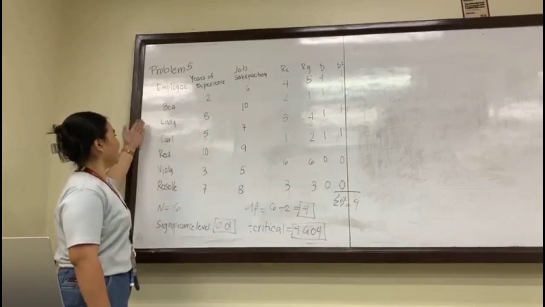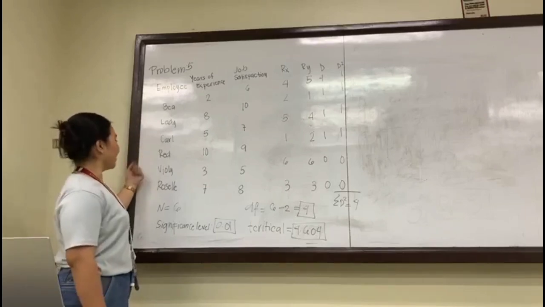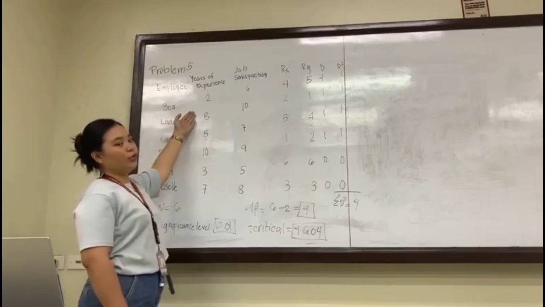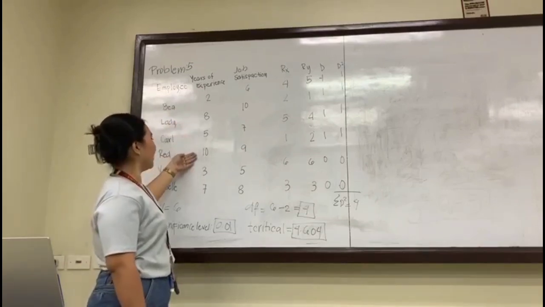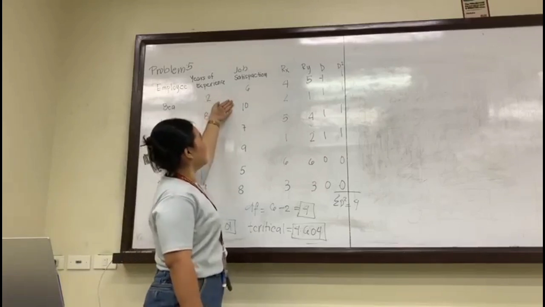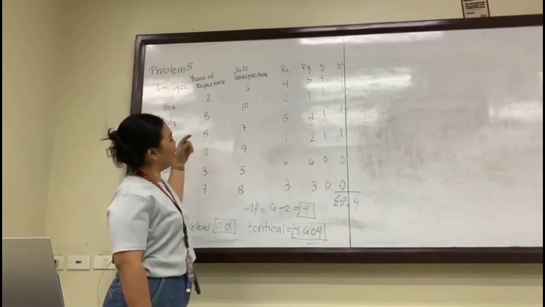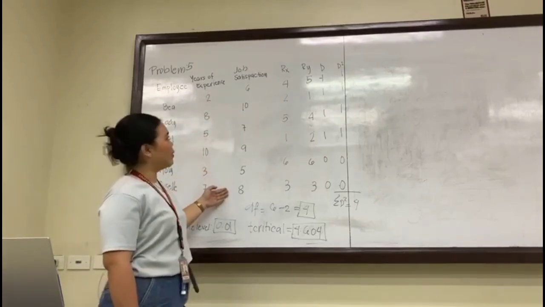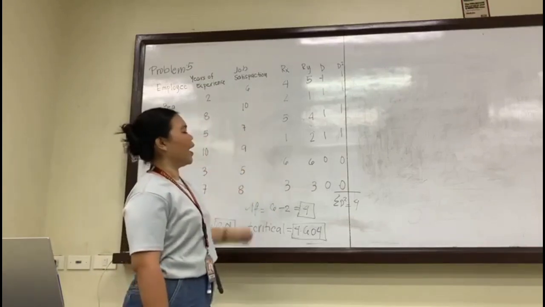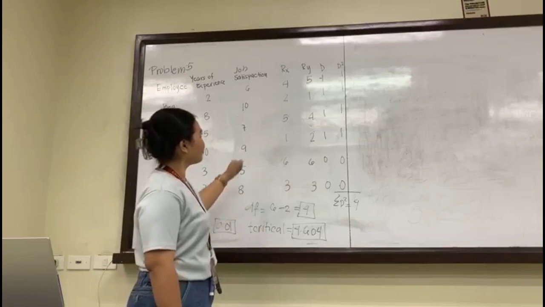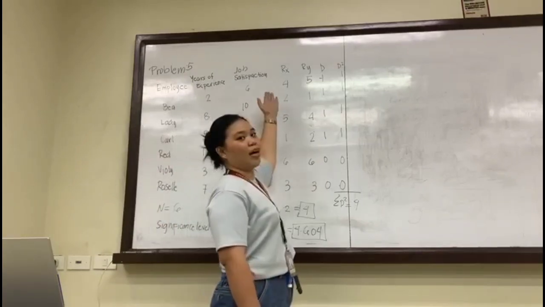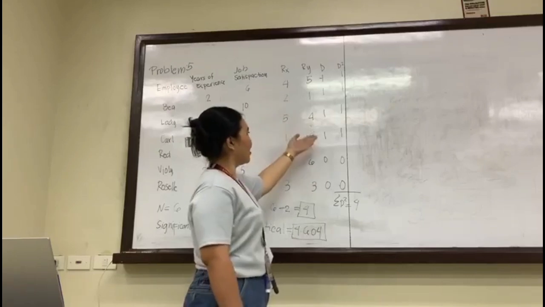So let's go to our table. Employees are listed here. So this is their years of experience: 2, 8, 5, 10, 3, and 7. And job satisfaction is 6, 10, 7, 9, 5, and 8. And for now, we do our ranking from highest to lowest. After that, we find the difference between the Rx and the Ry. So this is our answer.